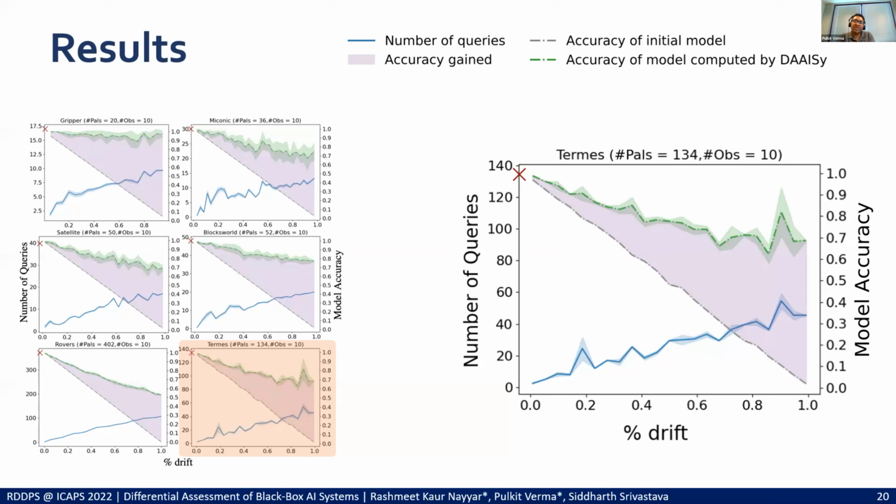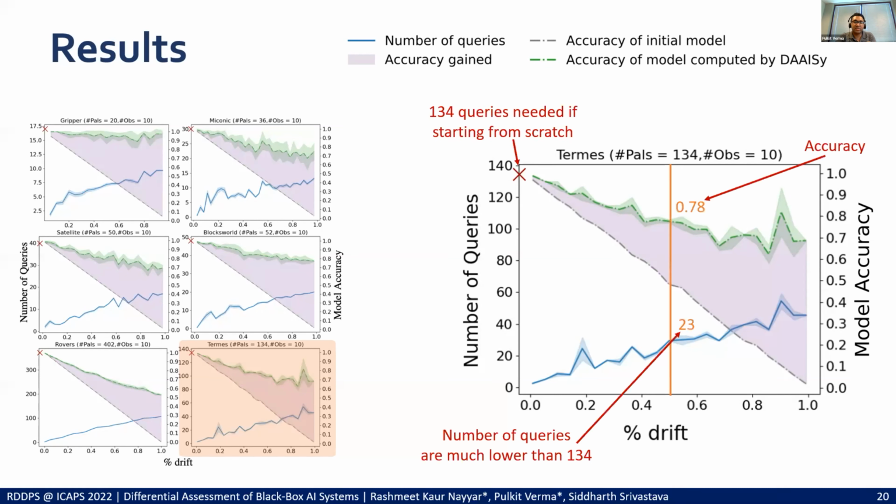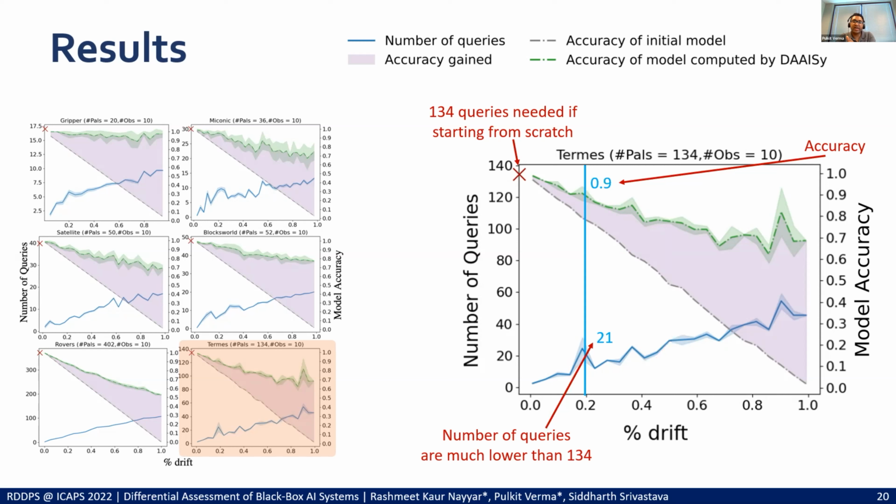For a model that was half drifted, we were able to learn a 78% accurate model with just 23 queries. And for the case when just 20% of the model has drifted, we were able to learn a 90% correct model with just 21 queries. This is very few compared to the 134 queries needed when we learn the model from scratch using AIA.